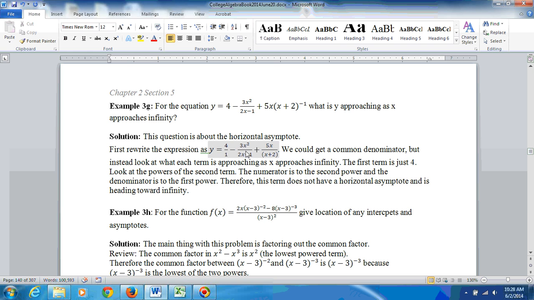But 4 minus infinity, see, this is heading to infinity because the power is greater on the top than it is on the bottom, plus 5 is still negative infinity on this thing. So this thing is heading towards, well, I say infinity here, but it's actually heading off to negative infinity.